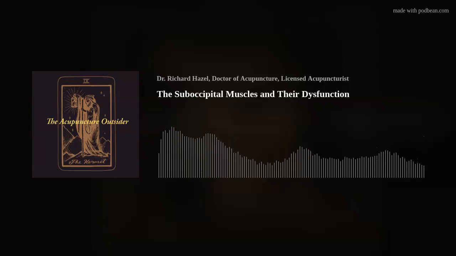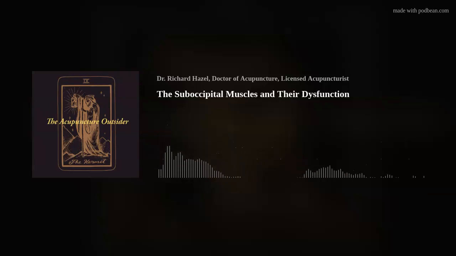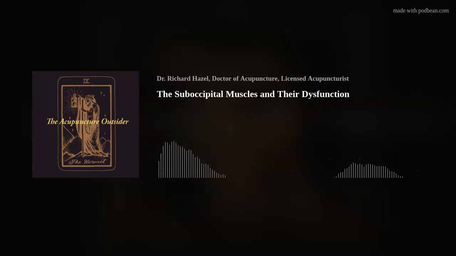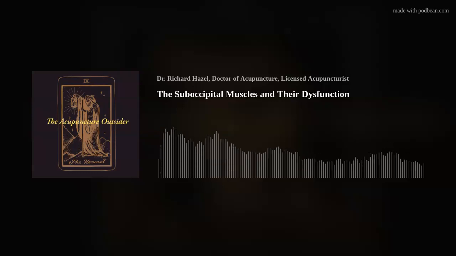Some people believe that the movement of the suboccipital muscles influences and aids circulation of cerebrospinal fluid. And they think that dysfunction in these muscles can also affect the good flow of cerebrospinal fluid.